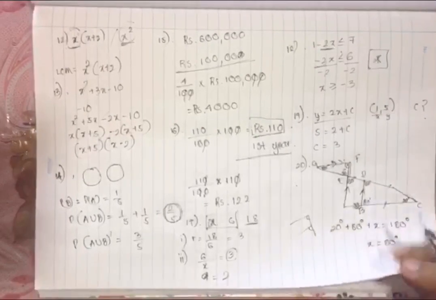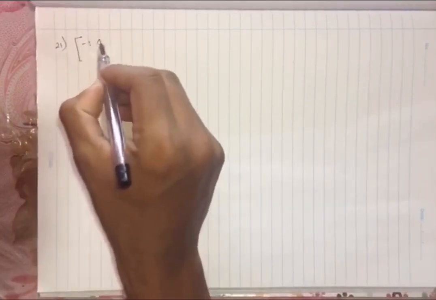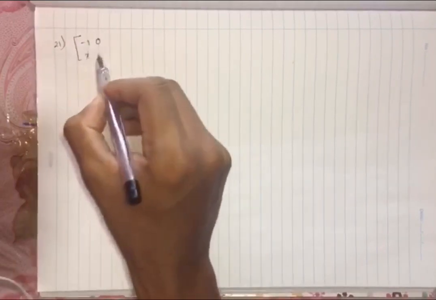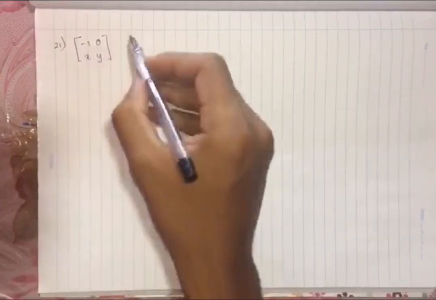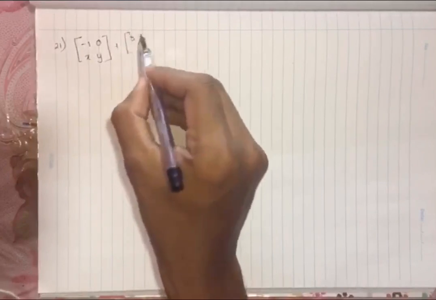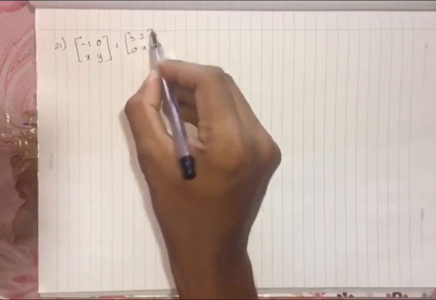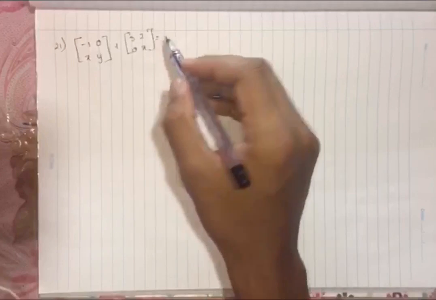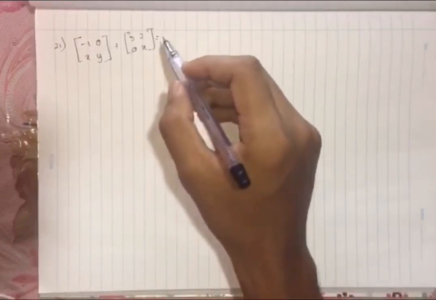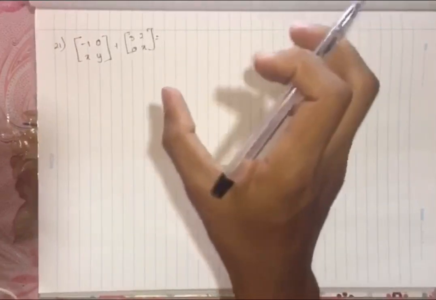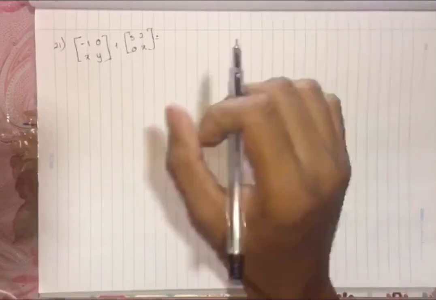And then moving on to the 21st question. Here it's about matrices. The first matrix given is [-1, X; Y], plus [3, 2; 0, X], that is equal to 2 multiplied by a matrix given inside square brackets.